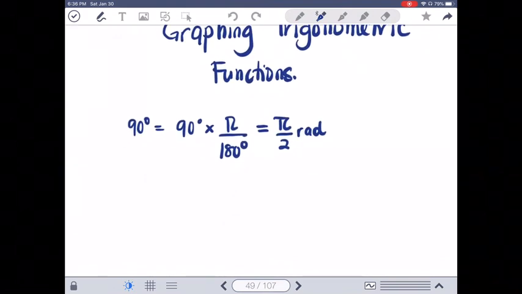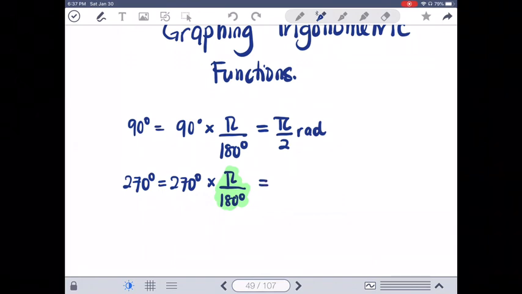Okay. So whenever you want to convert angle units in degrees to radians, you just need to multiply by pi over 180 degrees. For example, if I want to convert 270 degrees to radians, that means 270 times pi over 180.